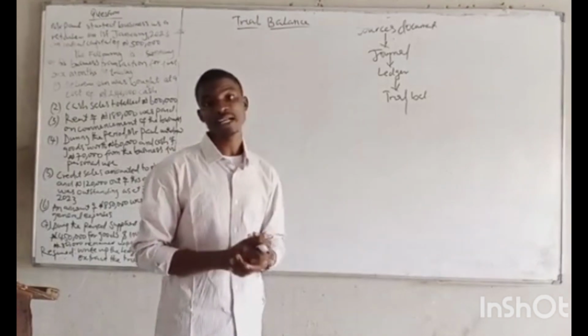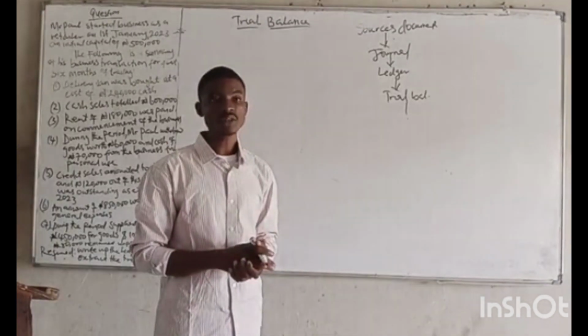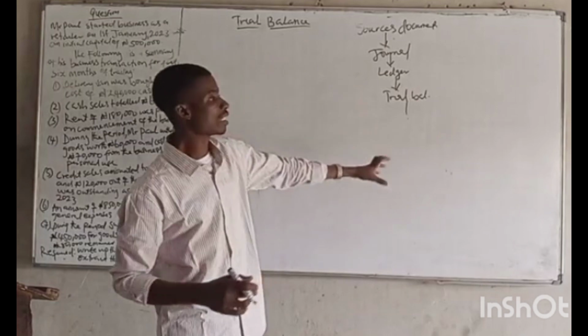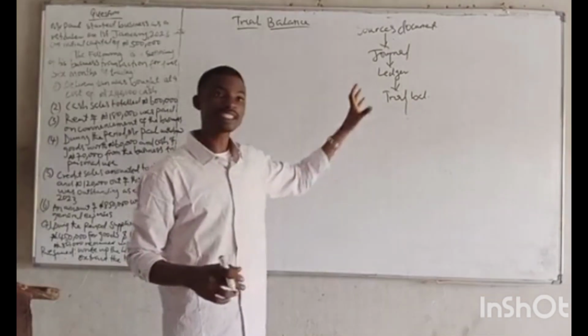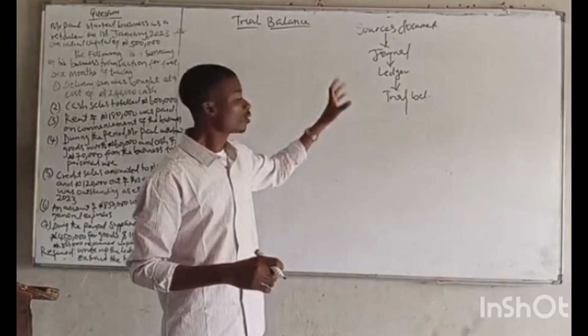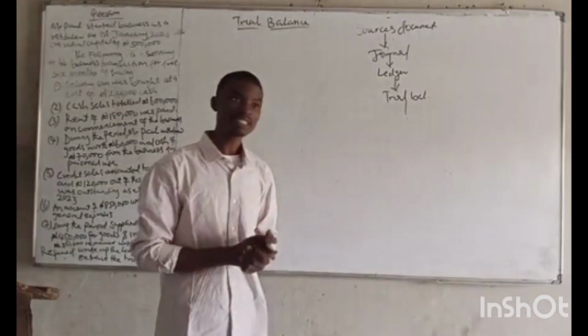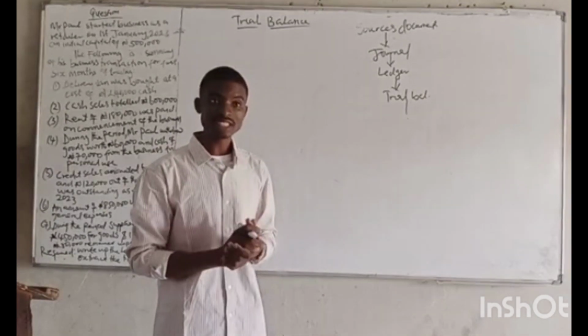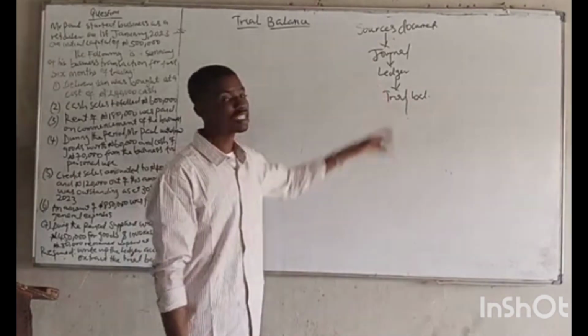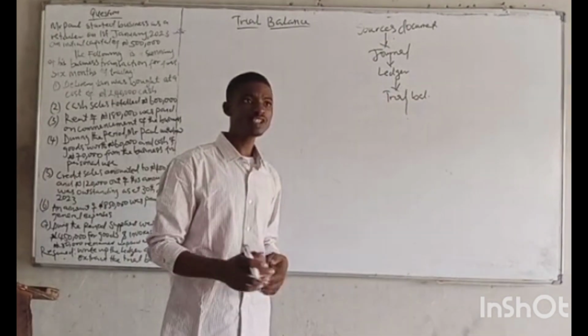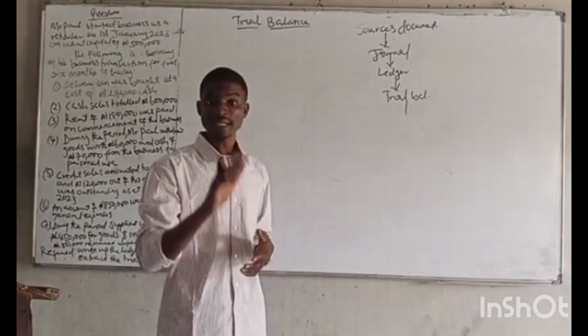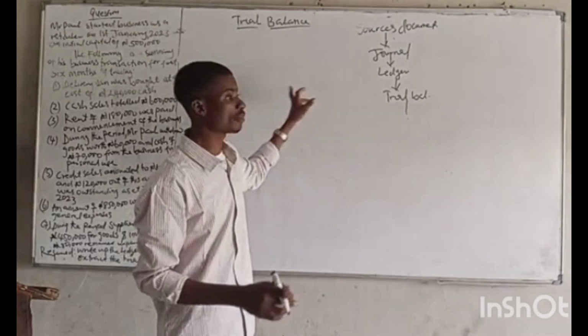So trial balance is just a list of balances extracted from the ledger, both cash and bank balances, in order to check the arithmetical accuracy of the entries in the ledger account.